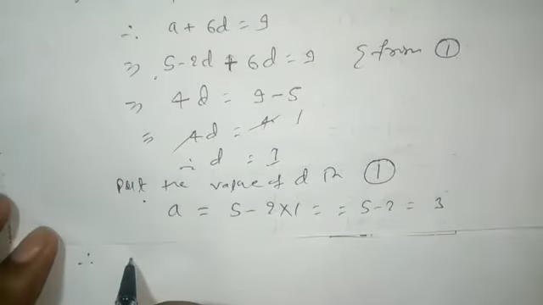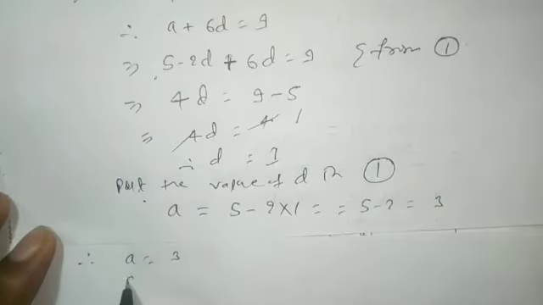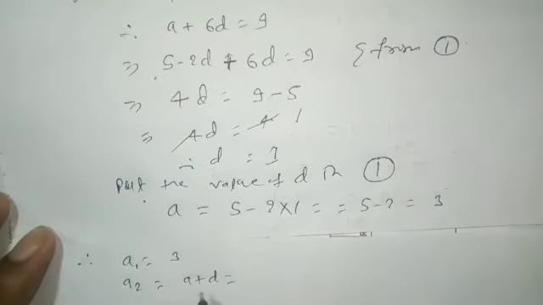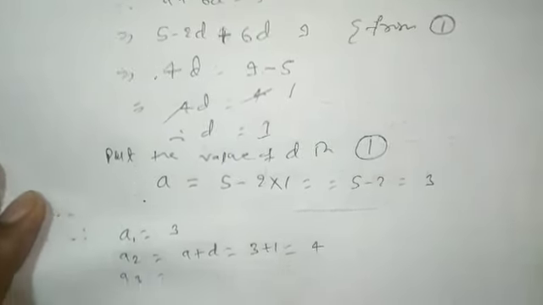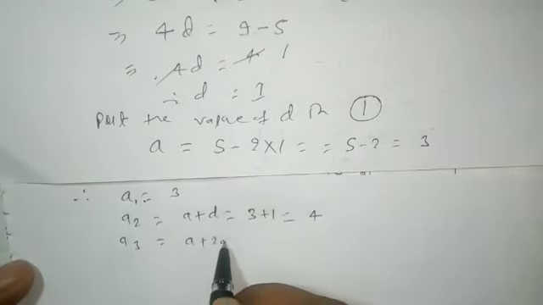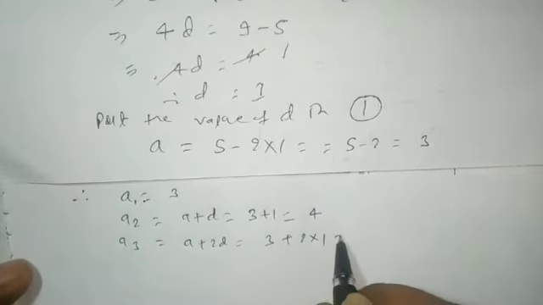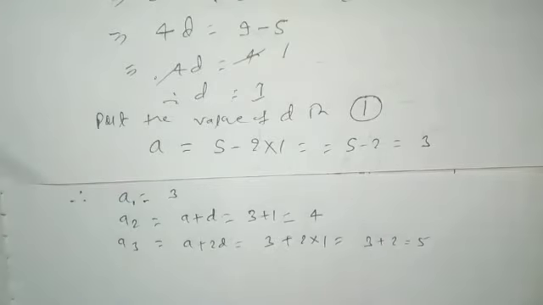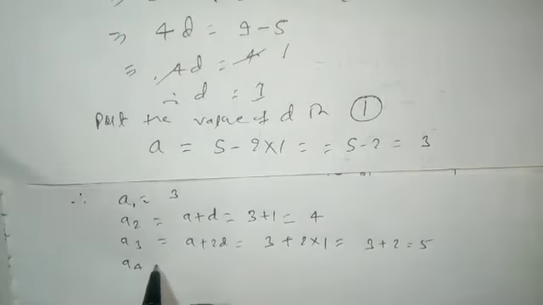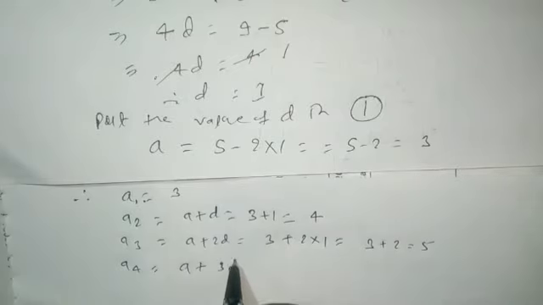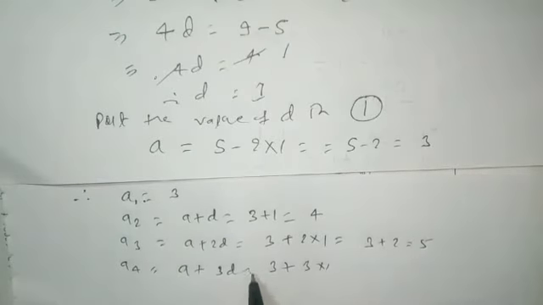Therefore a1 is equal to 3, a2 is equal to a plus d is equal to 3 plus 1 is equal to 4, a3 is equal to a plus 2d is equal to 3 plus 2 into 1 is equal to 3 plus 2 is equal to 5, a4 is equal to a plus 3d is equal to 3 plus 3 into 1 is equal to 3 plus 3 is equal to 6.